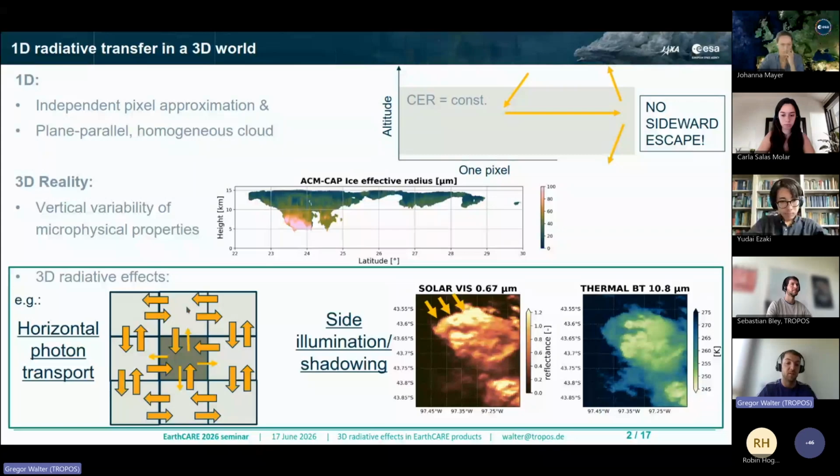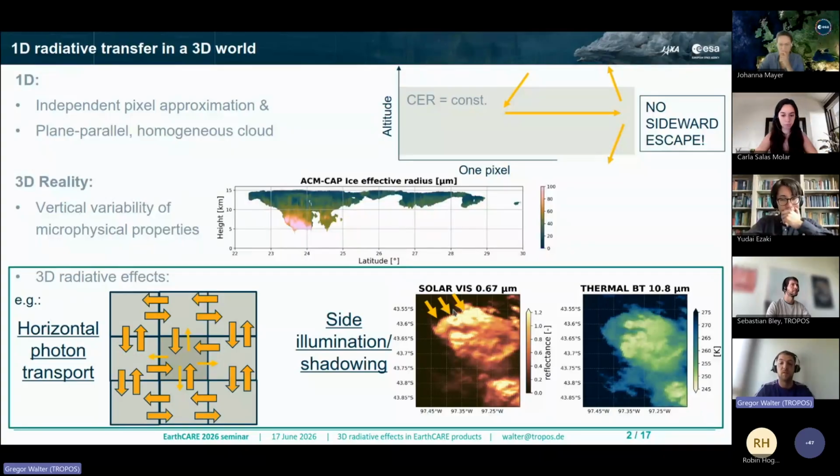The outside is thicker and more reflective, and then the photons get redistributed due to the horizontal photon transport. So the thinner, darker parts receive more photons than they give, and opposite for the other pixels. So we get a smoothing.